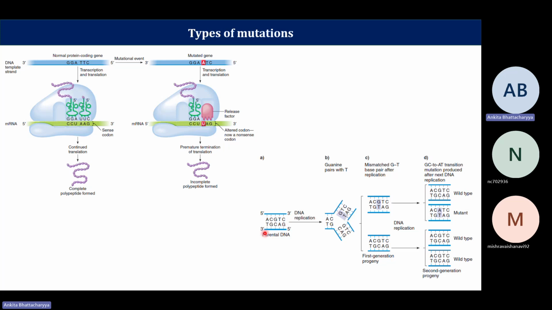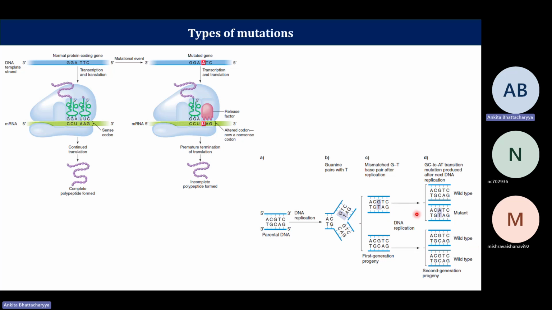How so? You have GC here in the original parental DNA. If by chance at the time of DNA replication, DNA polymerase has committed a mistake and incorporated a T, or thymine, opposite a guanine, there will be a single kink initially. If it goes unrecognized, then in the progeny you'd find a GT and a GC in the first generation.